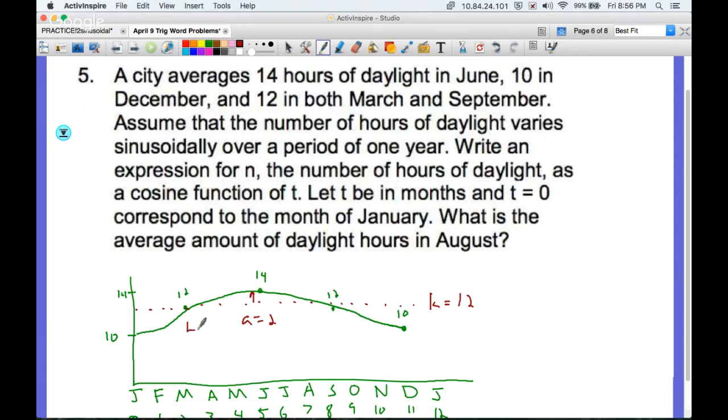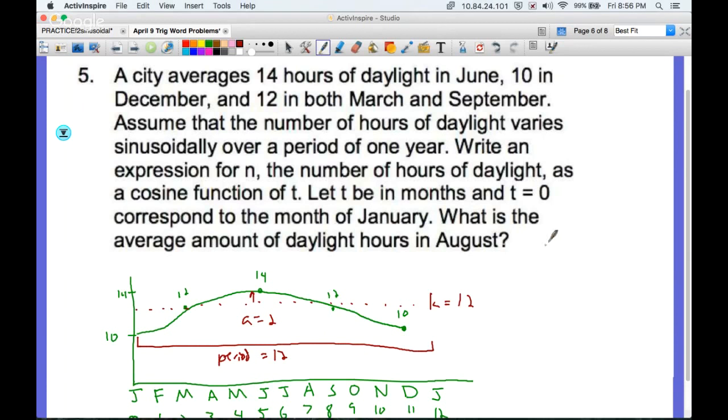We can see that the period is equal to, well, actually, I put my line in the wrong spot. Period is for a full cycle. That's just midpoint to midpoint, what I've drawn. Period should be from January to January, which we know is 12 months, so the period equals 12.